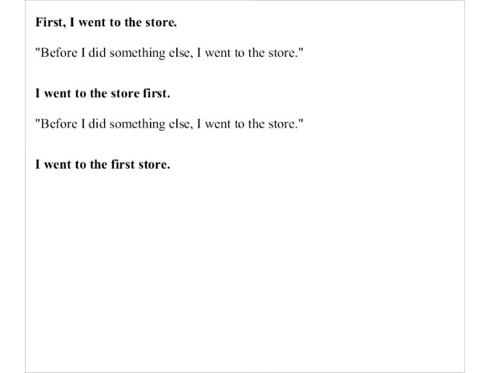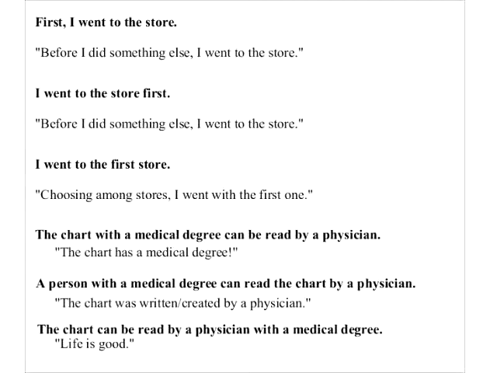It's an adjectival modifier at this point, right? I went to the first store. And the meaning here has now changed, right? Choosing among stores, I went with the first one. And this is what happens when you move modifiers around, right? Now, none of these sentences are particularly unclear. But we can look at some other examples here. Let me just show you some examples.